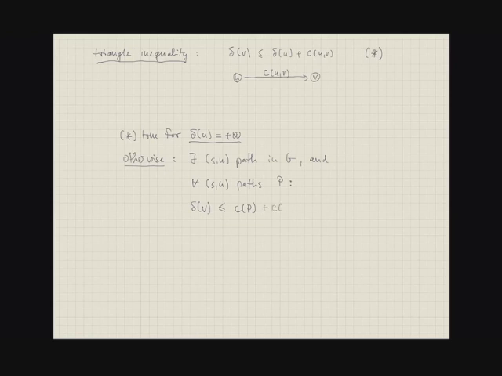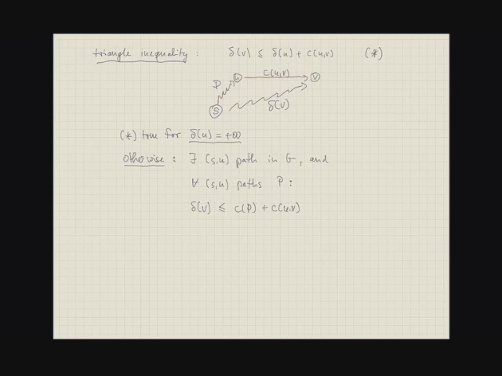Plus the corresponding length of the arc from U to V. So if you look at the figure, this is true because there exists some path P from S to U, and then it must be the case that the shortest path length, which is denoted delta of V, so that would be this path here, right? That cannot be longer than the length of this specific path here, right?